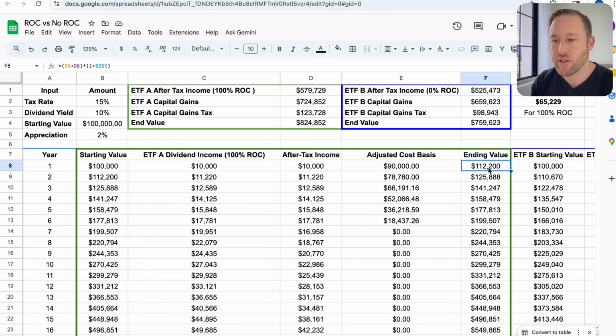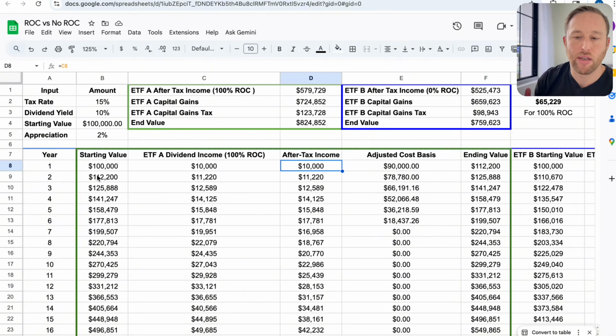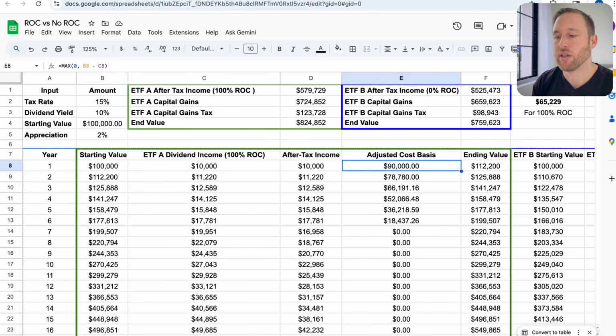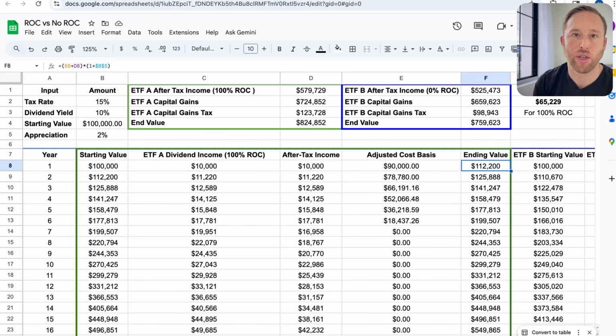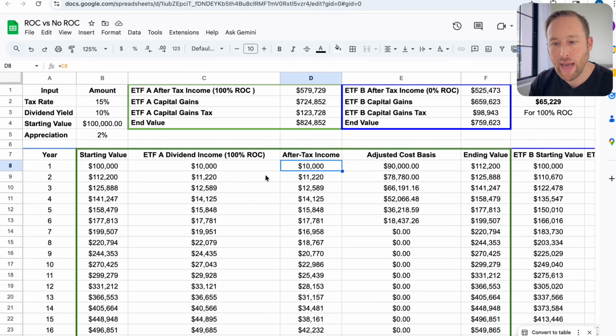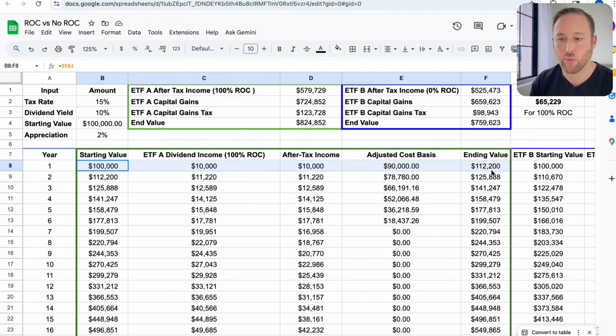This end value is the after-tax income, because we're reinvesting the whole thing, plus the appreciated asset: 100K times a multiplier of 2% growth. So 112K is the final ending value for year one. Now you can see the clear benefit with return of capital: you are not paying tax on your dividends in year one.